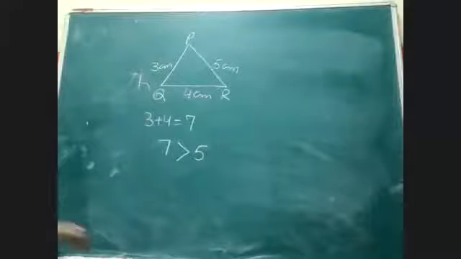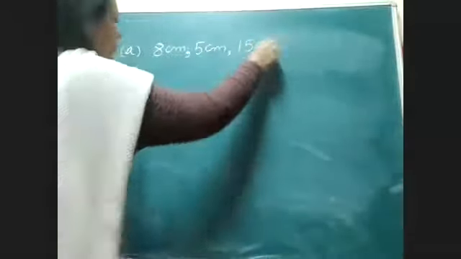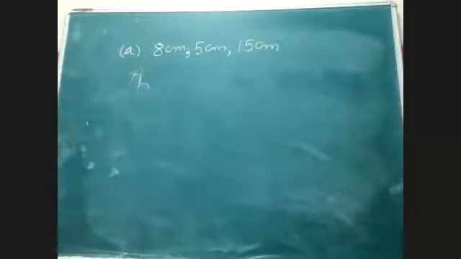Now the lengths of 3 sides of a triangle are 8 centimeters, 5 centimeters, and the third is 15 centimeters.